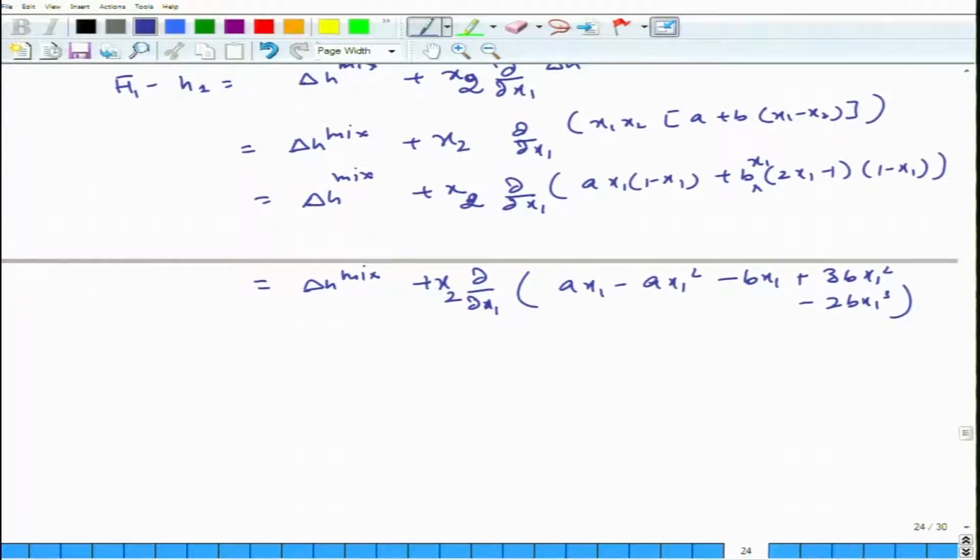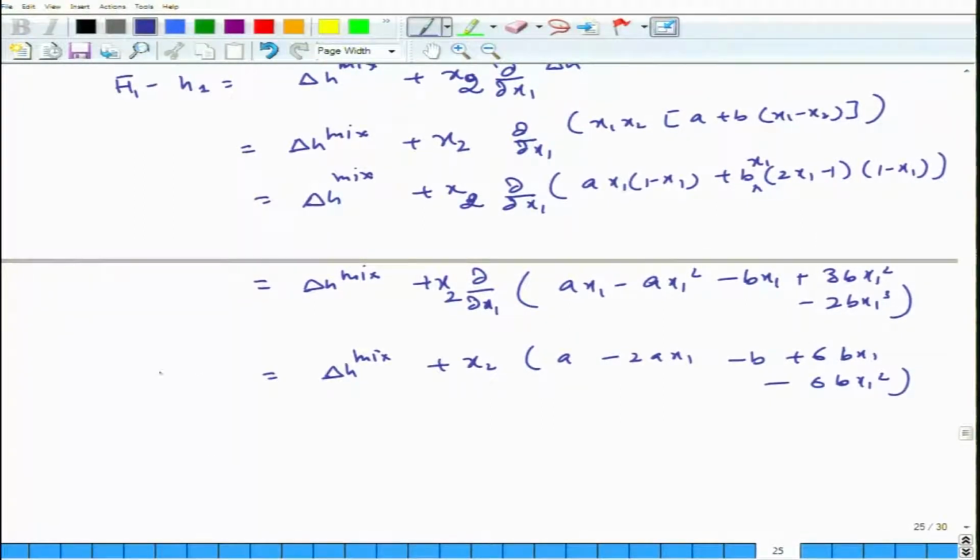Right. So now this expression, if you take the derivative, it yields the following: delta H mix plus x2 [a minus 2a x1 minus b plus 6b x1 minus 6b x1 squared]. Okay.